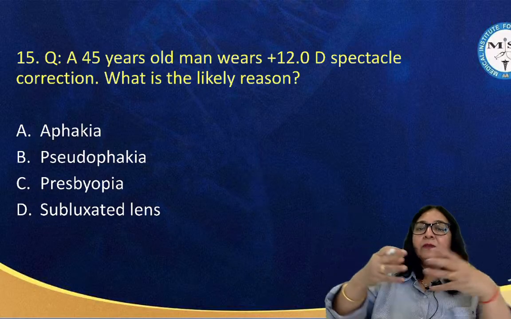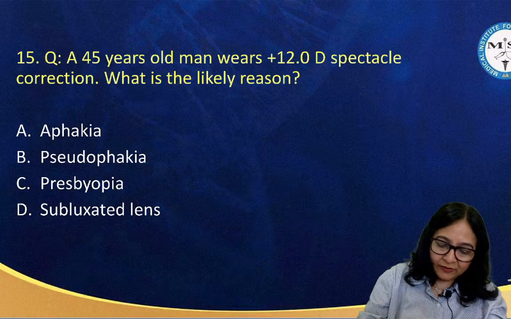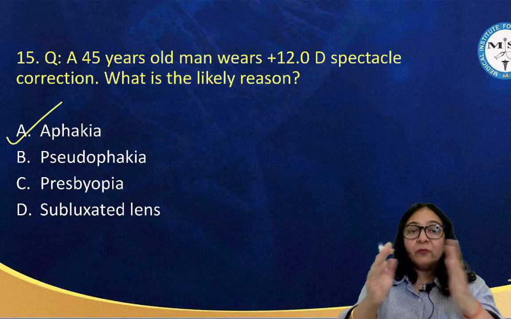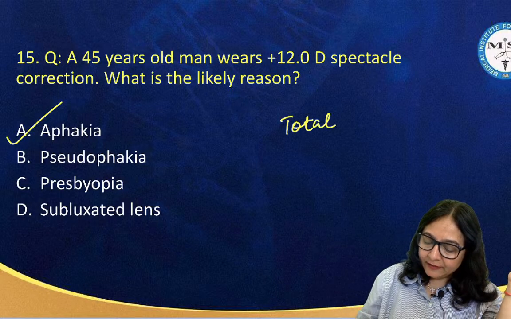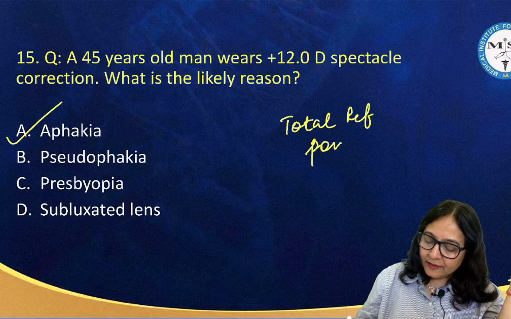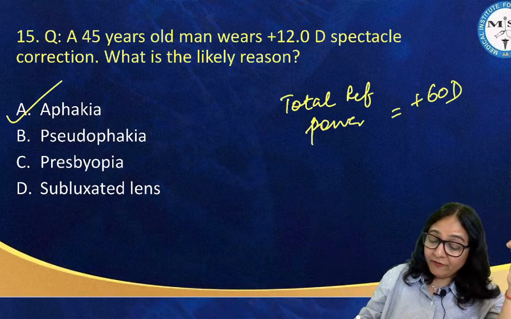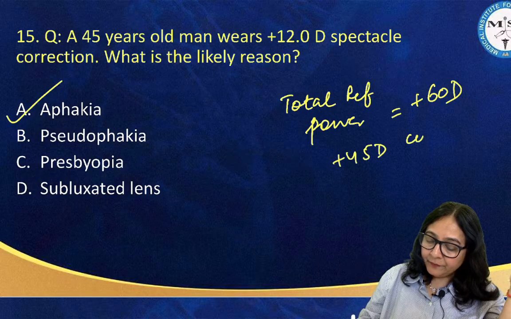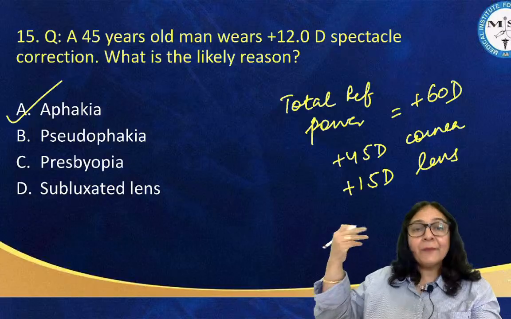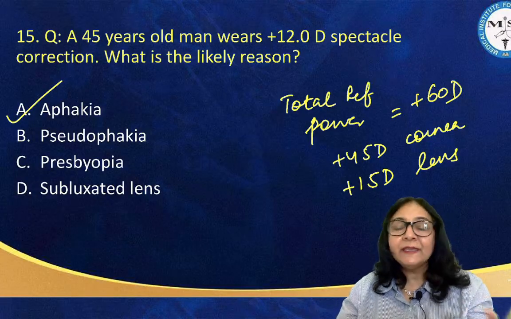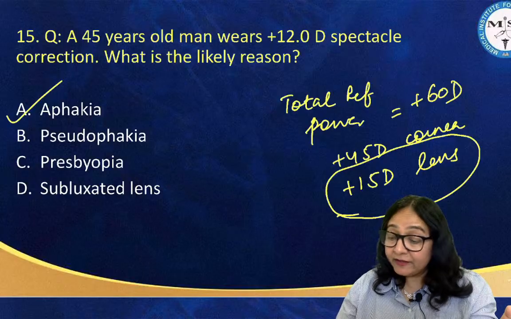So whether it was a combination with the aphakia question or a second question related to a similar topic, you already told me that the answer should be aphakia, because when there is absence of the lens, if you remember, beta, total refractive power of the eye is plus 60 diopter. ठीक है, हमने डिस्कस किया हुआ ना, and I always tell you to remember it is like 45 diopter contributed by cornea and plus 15 diopter contributed by your natural lens. ठीक है, तो अगर natural lens absent है और implant भी नहीं डाला है, pseudophakia भी नहीं है, so your eye is devoid of plus 15 diopter of the refractive power, वो चली गई.